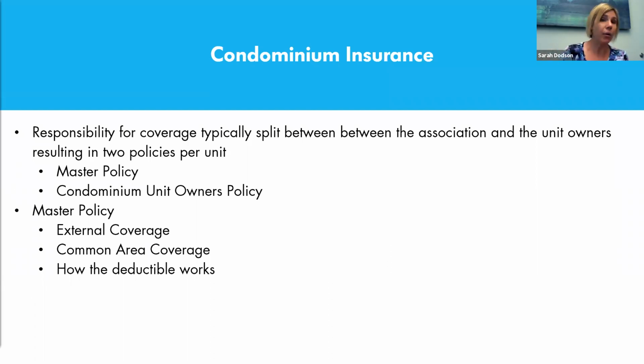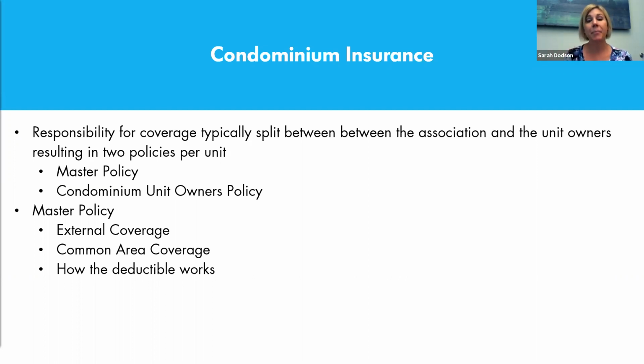Let's say a tornado comes through and knocks down some storage units. That is a common area of the condo association, and it messes up those storage buildings. That would fall under the master policy and would not fall on the unit owner, again, because it's a common area.